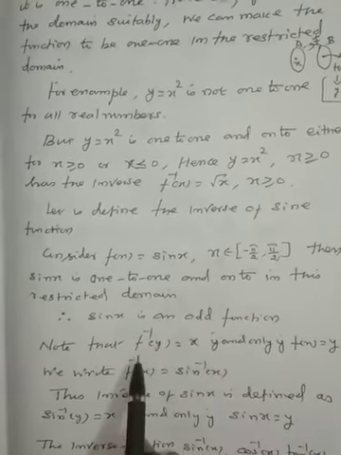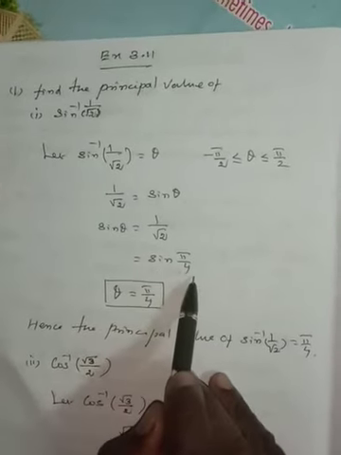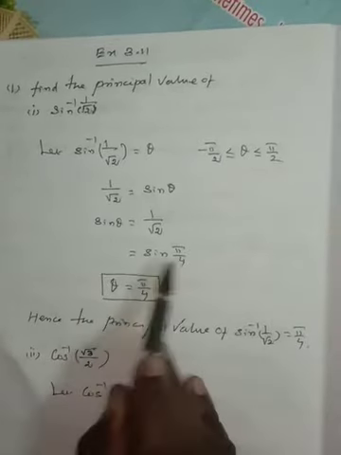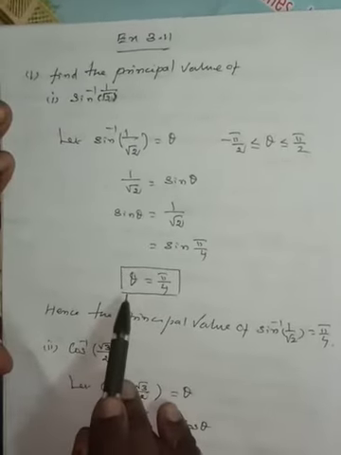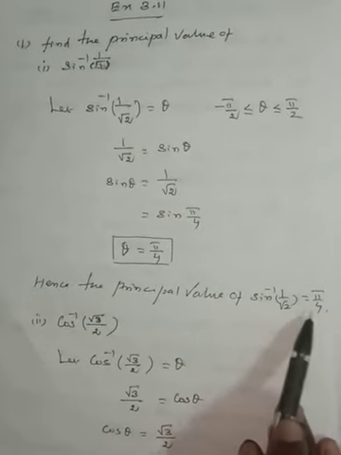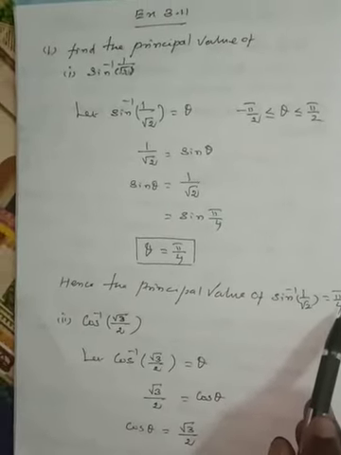Taking sine inverse to the right hand side, we get 1 by root 2 is equal to sine theta. So 1 by root 2 in the sine column is sine pi by 4, sine 45 degrees. Therefore, taking sine inverse on both sides again, we get theta is equal to pi by 4. Hence, the principal value of sine inverse of 1 by root 2 is pi by 4.